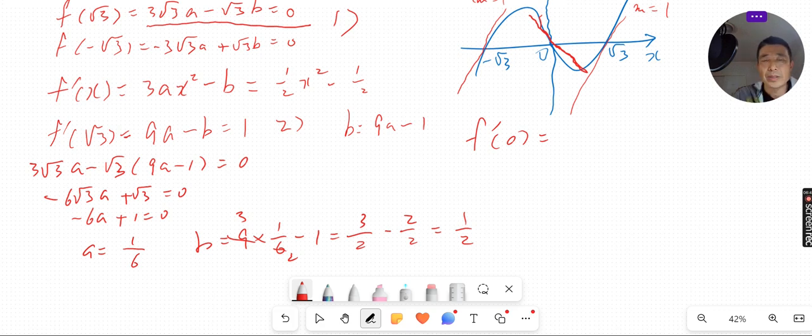Yeah, this is right. So when you plug 0 into this, what do you get? You get 0 minus half, which is minus half. So it turns out the gradient of this tangent is negative half.